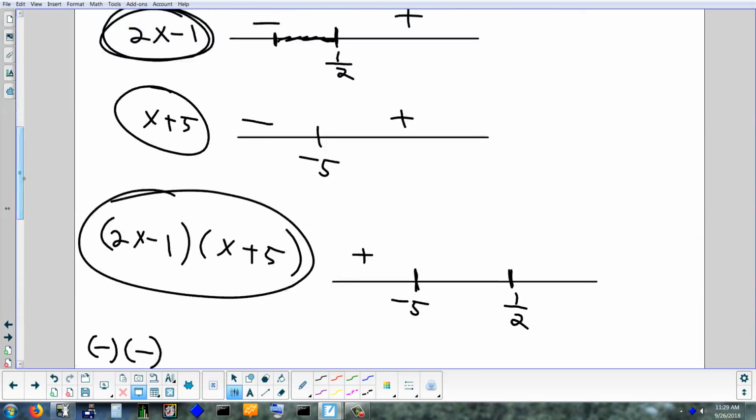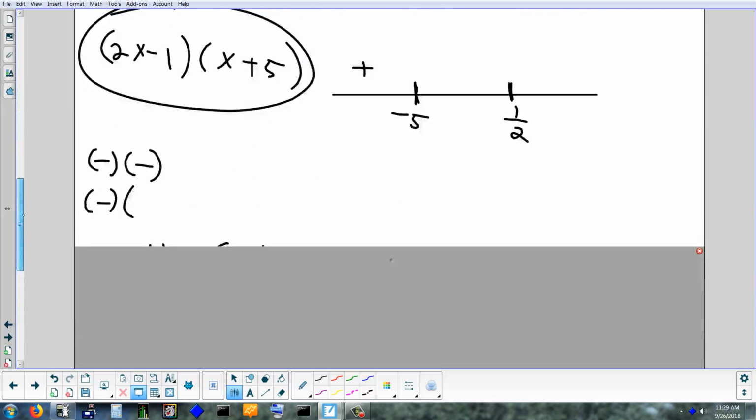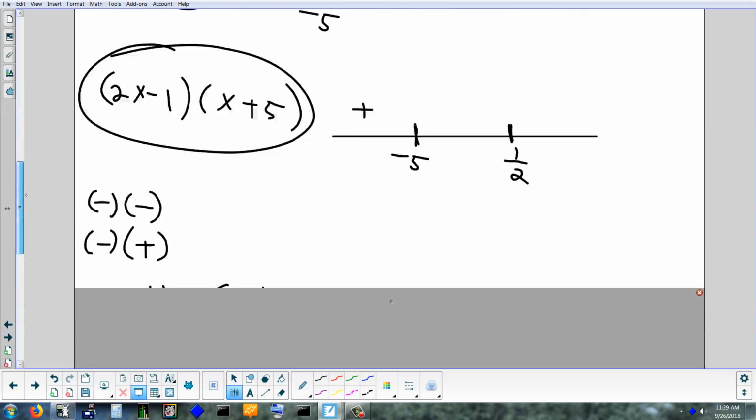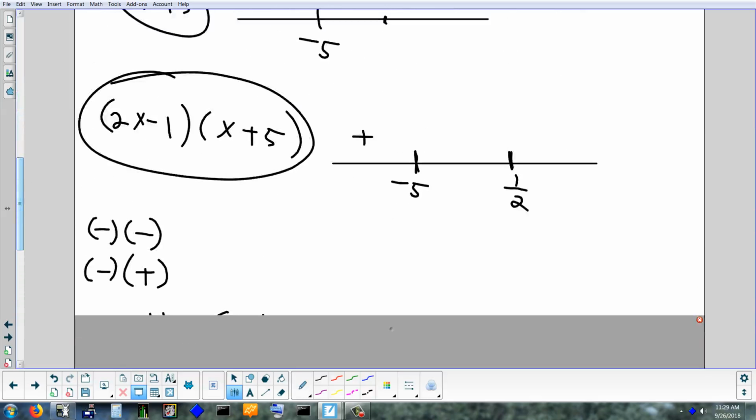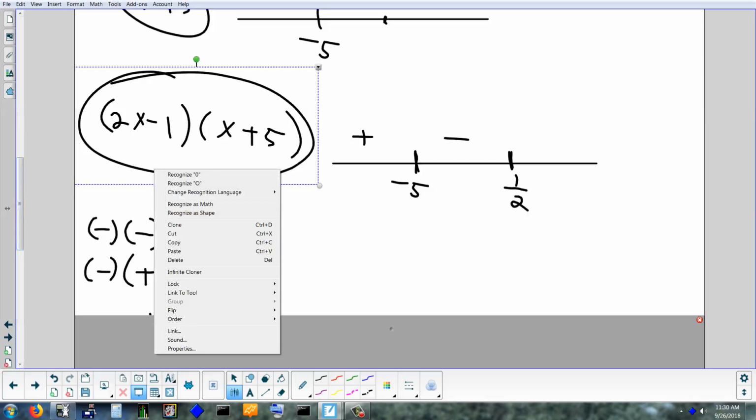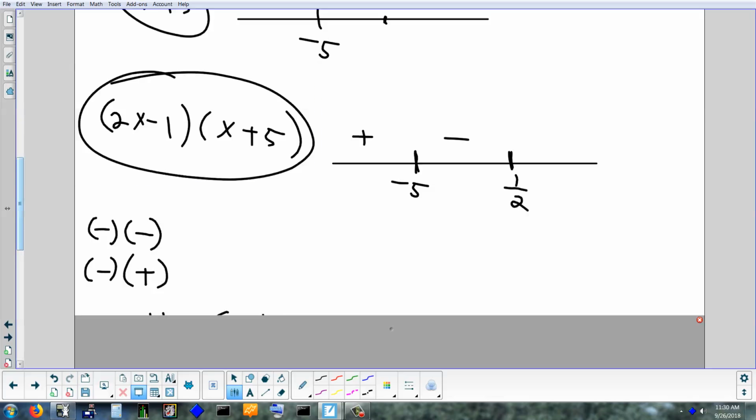And now let's check between -5 and a half on the bottom. So Natalie, what if I'm between -5 and a half on the bottom? Positive. A half would be like over here. So between -5 and a half, it's positive. Negative times a positive, negative. So if you pick any number between -5 and a half, plug it into what I have circled, your answer will always be negative.